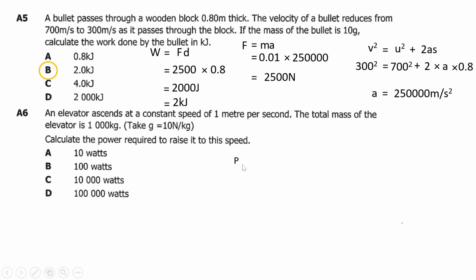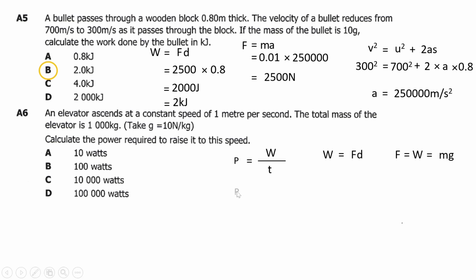We know that power is equal to work over time. But when we check in this question here, you cannot see work, but we know that work can also be found using force times distance. But again, we don't have force here, but we know that force is also equal to weight, and weight is equal to mass times gravity, or acceleration due to gravity.